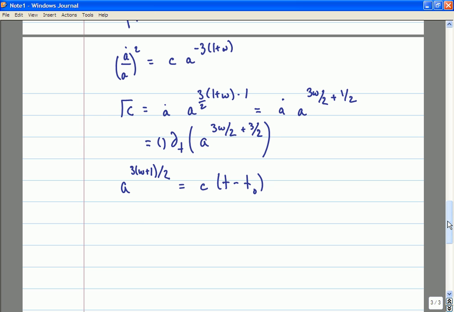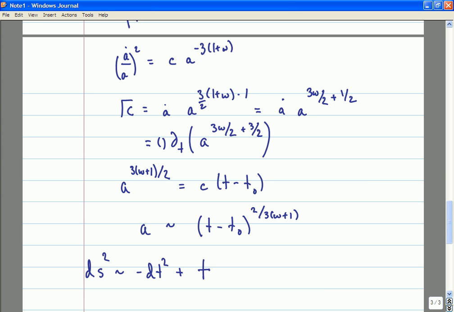Or a is a constant times (t minus t naught) to the 2 over 3(w plus 1) power. So that the metric ds squared is minus dt squared plus a squared times d sigma squared.